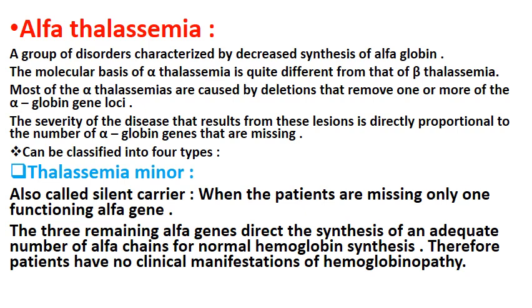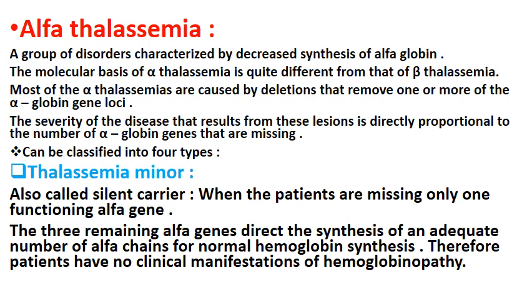We are coming now to know what the difference is. Most alpha thalassemias are caused by deletion of one or more of the alpha globin gene loci, and the severity of disease is directly proportional to the number of alpha globin genes that are missing. So it is classified into 4 types. We have 4 types of alpha thalassemia.